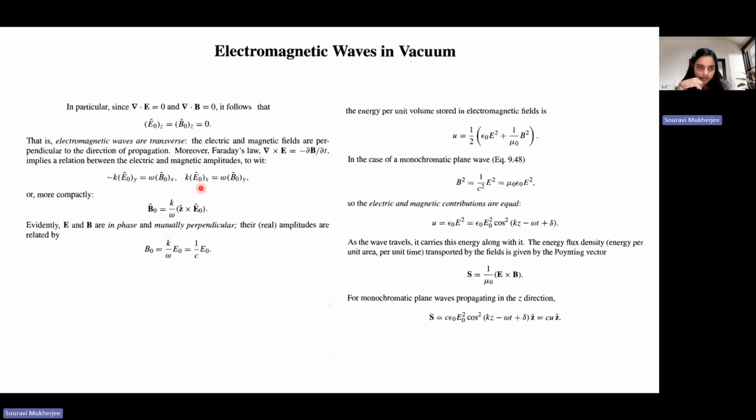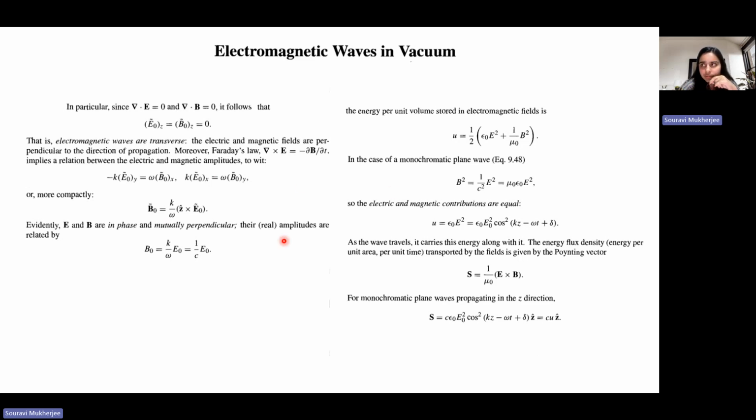And from the Maxwell's equations, you can relate the magnitude of electric and magnetic field using this relation. If you know the electric field and the medium property, that is, the speed of your wave in the medium, then you can find the magnetic field magnitude using this relation.